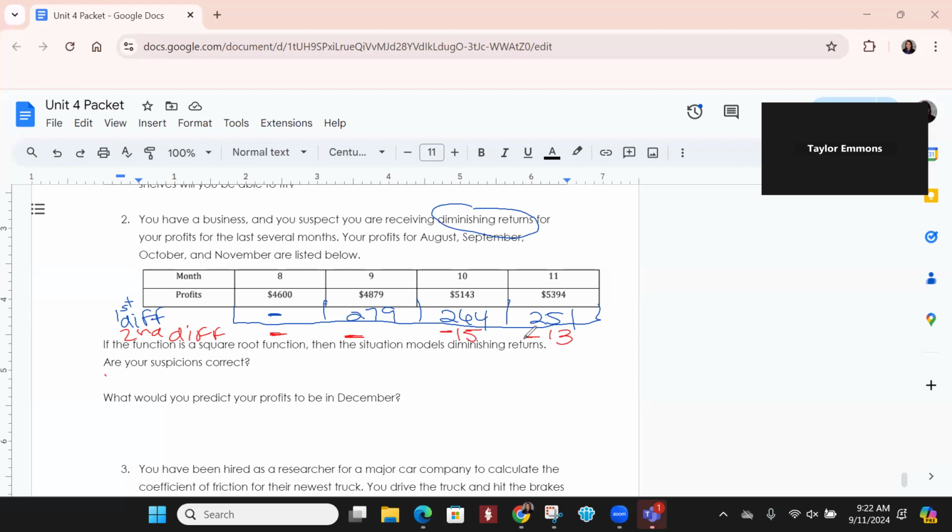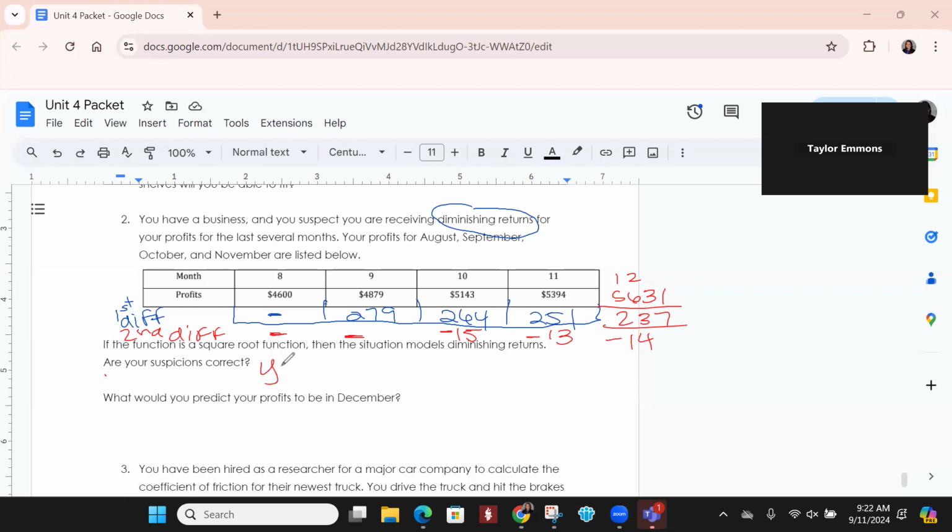Are they close though? Yes, they're pretty close. Okay, let me give you a little bit more info. What if I made this be December? 2, 37, and negative 14. Are these numbers pretty close?